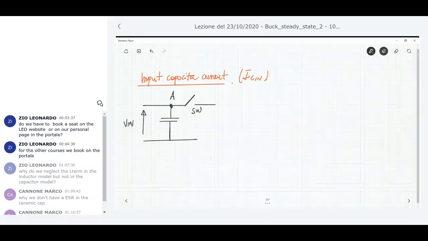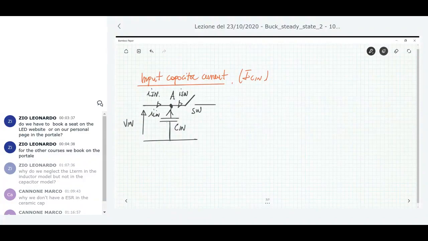Vin is here. Let me indicate the current IC in, which is in this direction. The switch current is flowing here, and we have the input current. Of course, here you have the rest of the circuit.